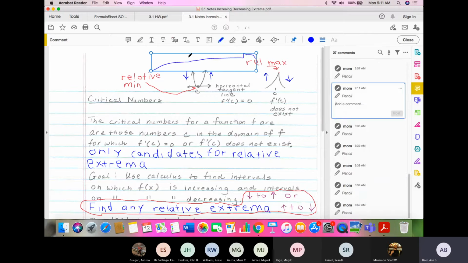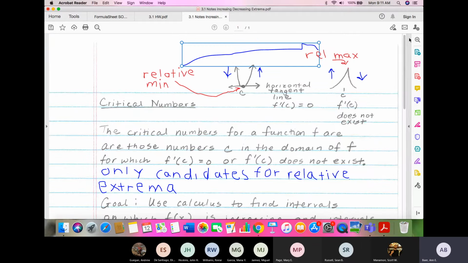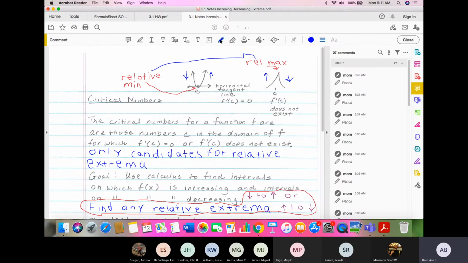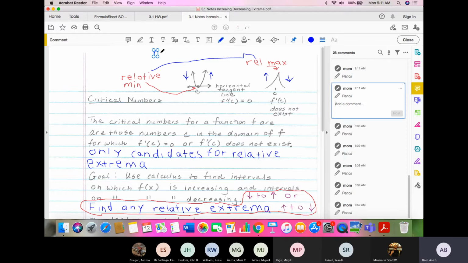These guys are called relative extrema. Let me go put that back on. I'll just use the shorthand REL for relative, and EXTREMA for extrema.